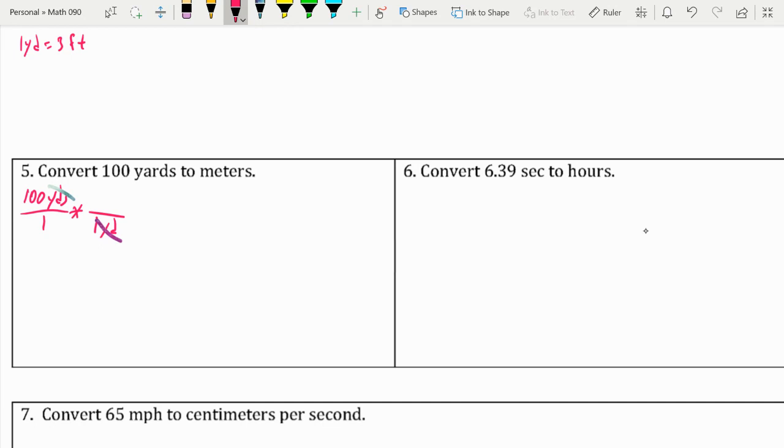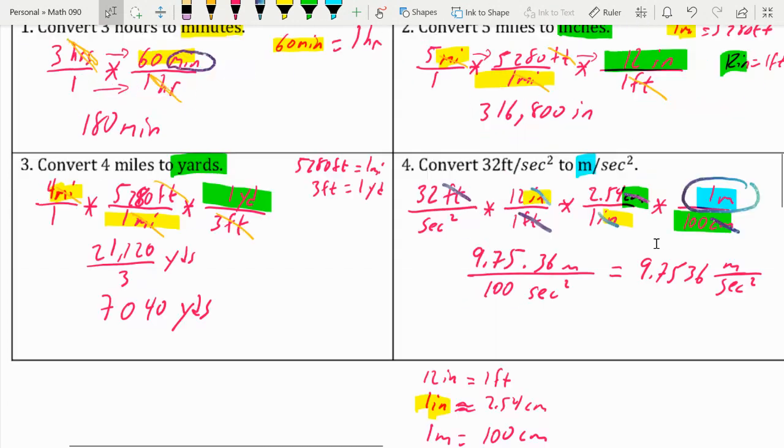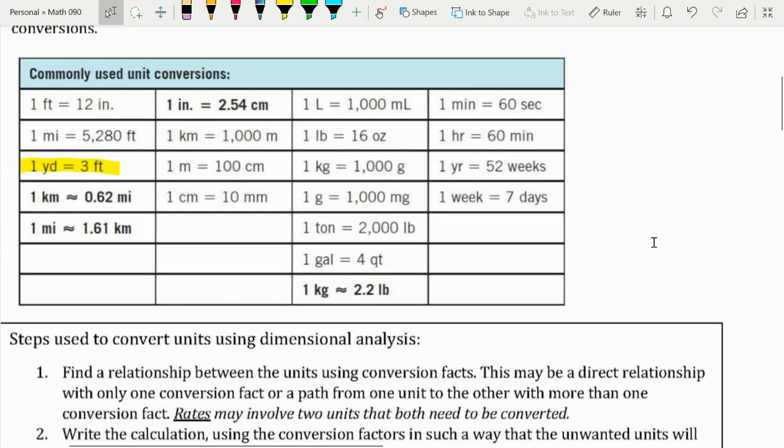I'm going to end up with 3 feet at the top, but I don't want feet. I want meters. Let's go back up here. So right now, I have feet, and I need to get to meters. If I start looking around, I'm not seeing anything that's going to go from feet to meters right away.